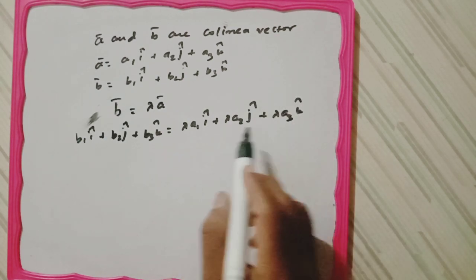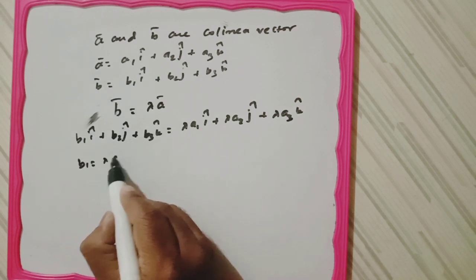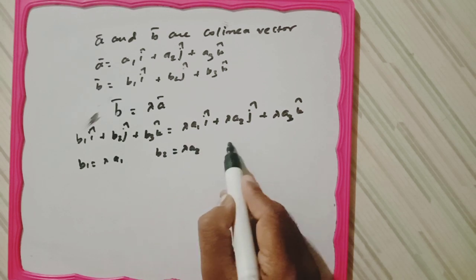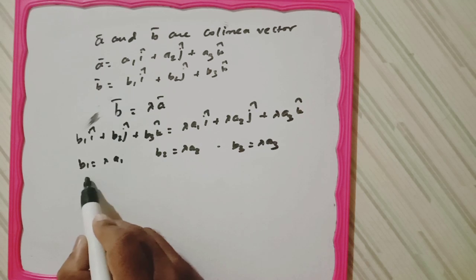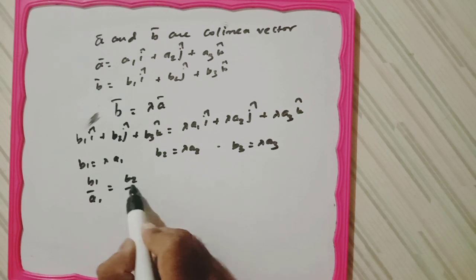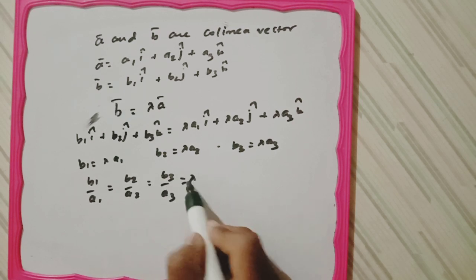We know that two vectors are equal if and only if b1 equals lambda a1, b2 equals lambda a2, b3 equals lambda a3, and so we can write b1 by a1 equals b2 by a2 equals b3 by a3 equals lambda.